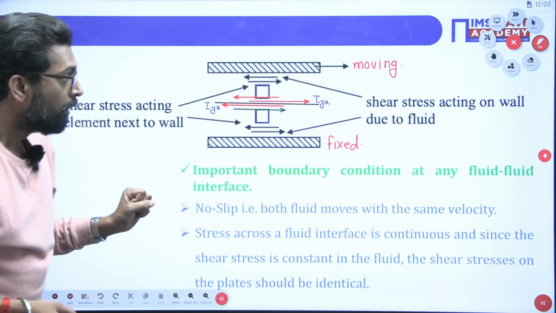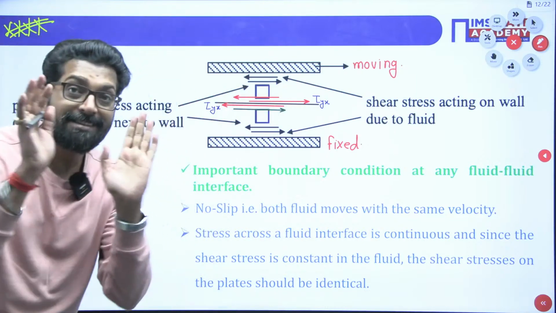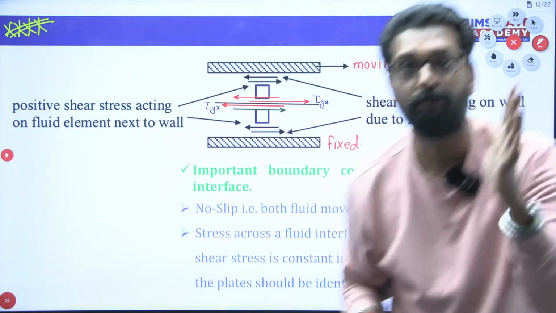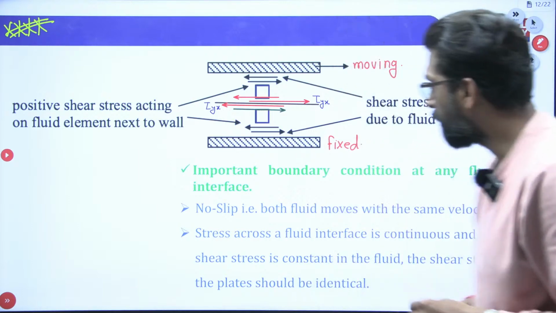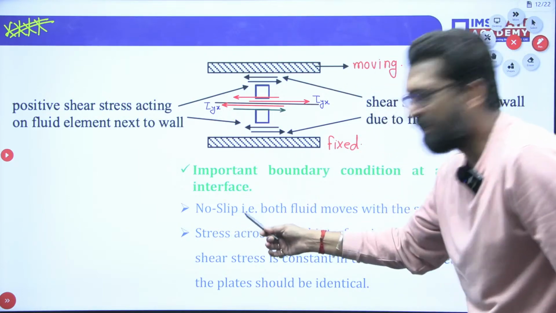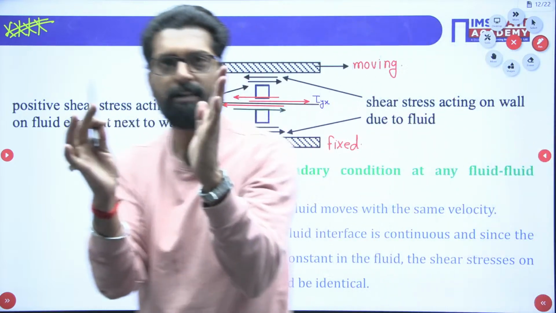Now, if you understand, what is the important boundary condition? This is very important, I am telling you. What is the important boundary condition? First one is no slip. First condition is no slip.